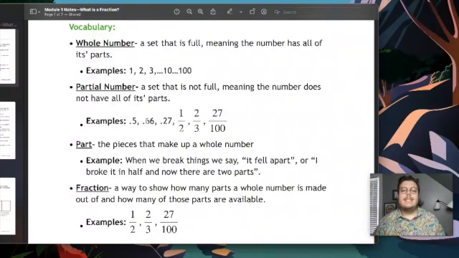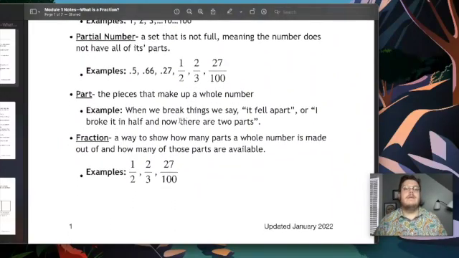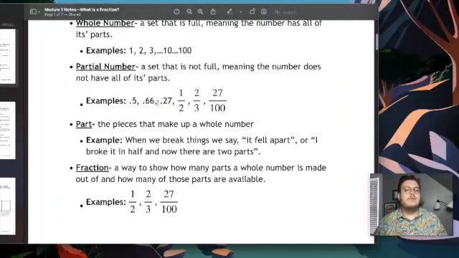Same with 66/100ths, 27/100ths. And then we have some examples of fractions. This one tells us that it takes 2 parts to make a whole, and we only have 1. Those are all partial numbers. They are not whole numbers. And partial numbers will always be shown with a decimal or in a fraction.